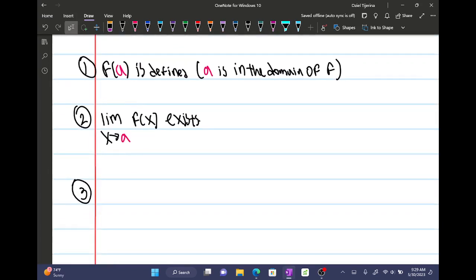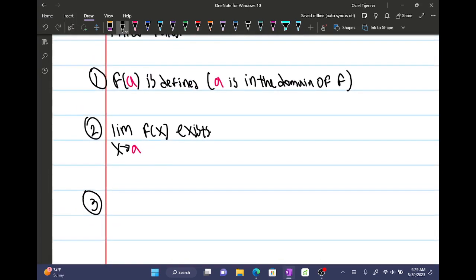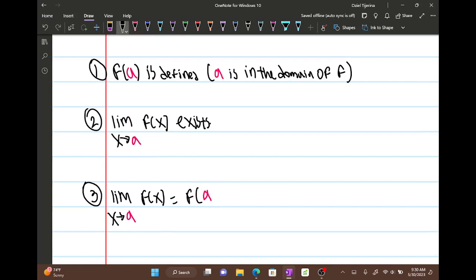And then number three is that the limit as x approaches some number a of f of x has to equal f of a. So this has to be true as well for a function to be continuous at a specific point.